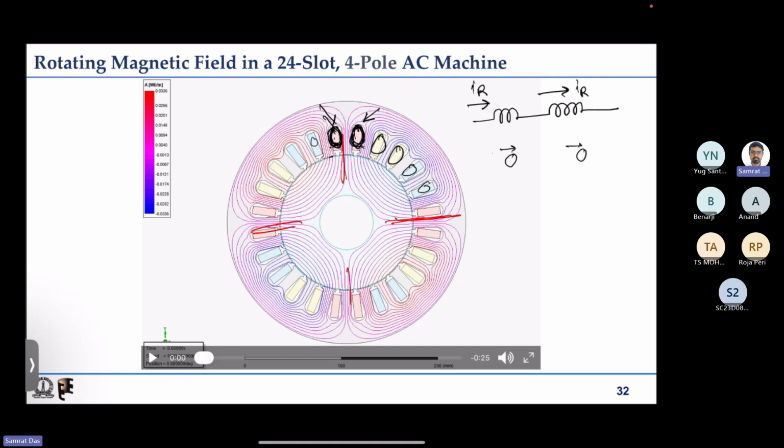Sir, one more thing. You have given the answer for why we are having dips in the slide 33. Yes, because of the slots.